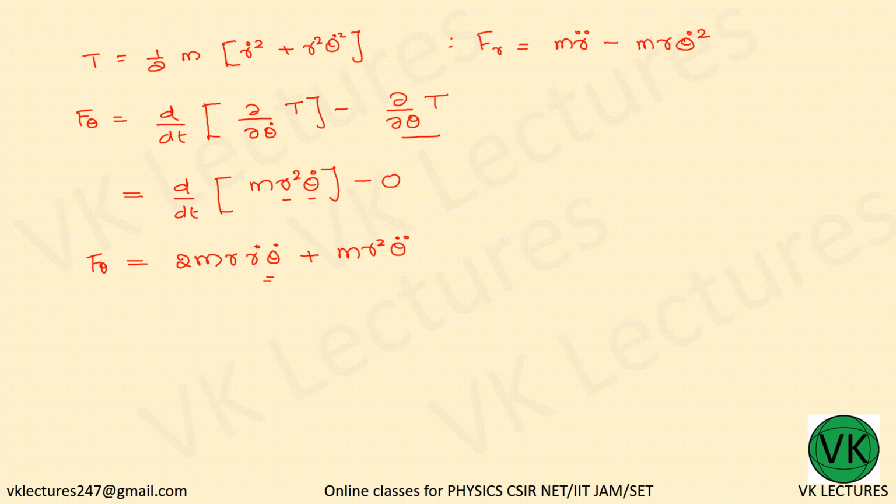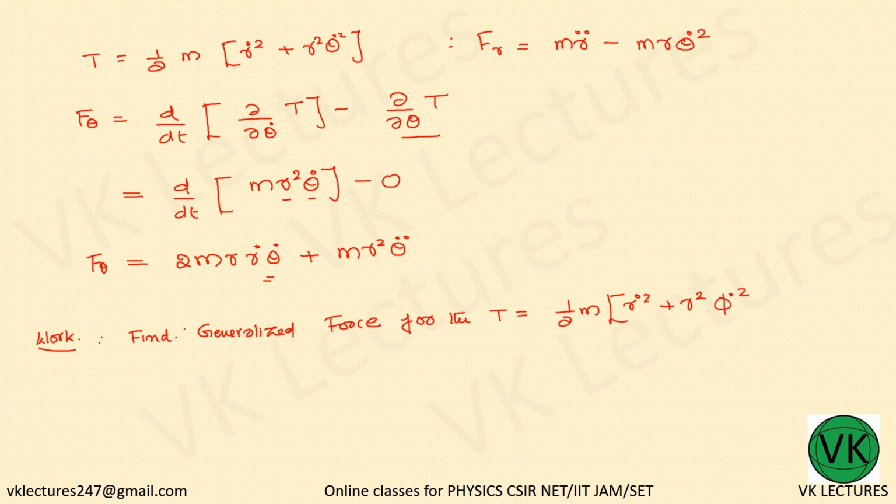Now as a workout problem, find the generalized force for the kinetic energy T equal to half m times r dot square plus r square phi dot squared plus z dot square.